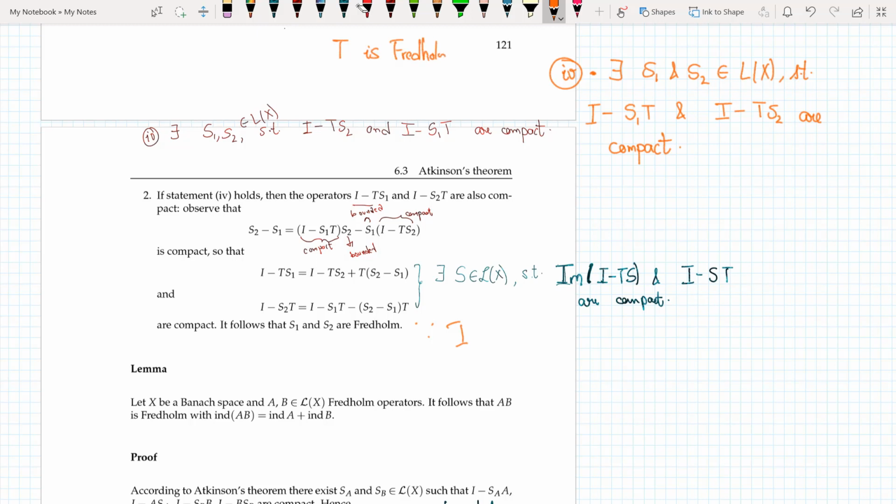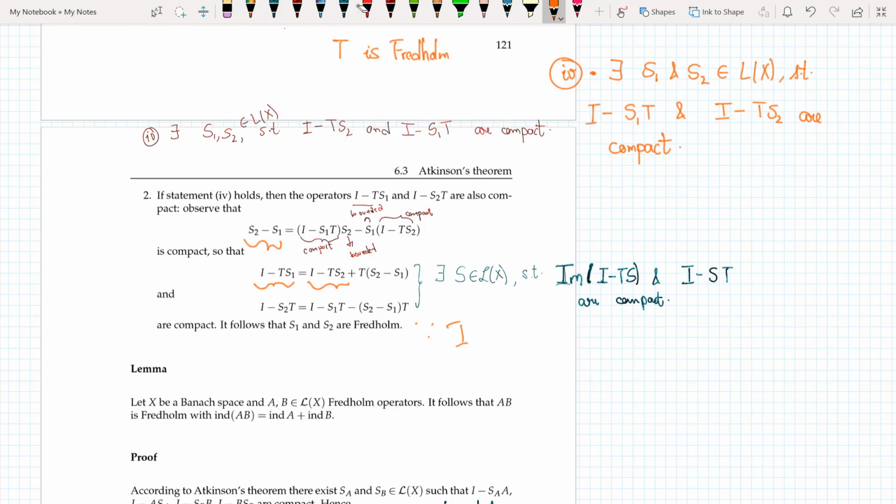But now what I can do is check S2 minus S1, and it comes out that this is also compact, because this is compact as given and S2 is bounded. Similarly S1 is bounded and it's compact, so it becomes compact minus compact, so it's compact. And now if I just do some trickery and rewrite the equation, I can see that this is compact.